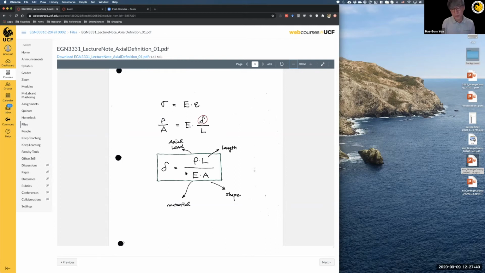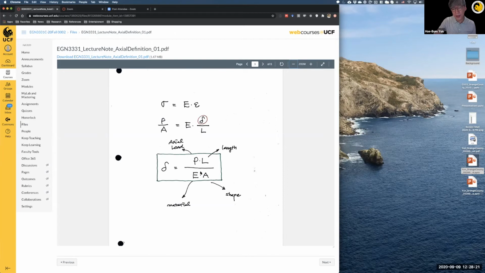Very important. When I put a green box, that means important. So delta is equal to P, where P is the axial load, which is the external force, L is the original length of the bar, divided by E, the Young's modulus, and A, the cross-sectional area.